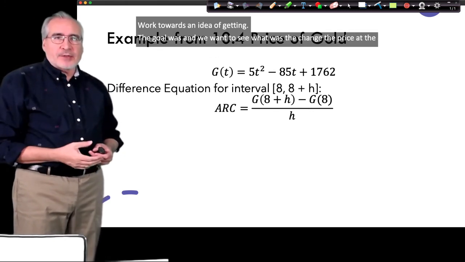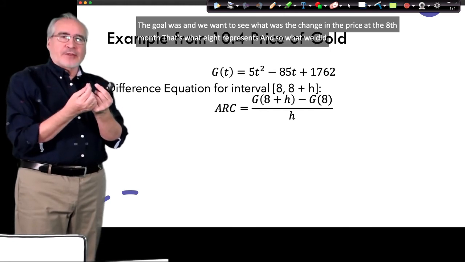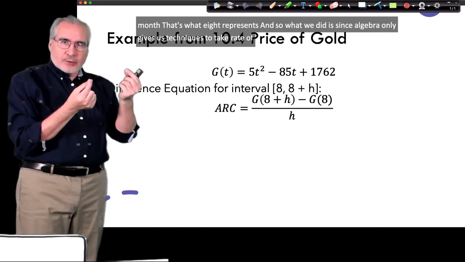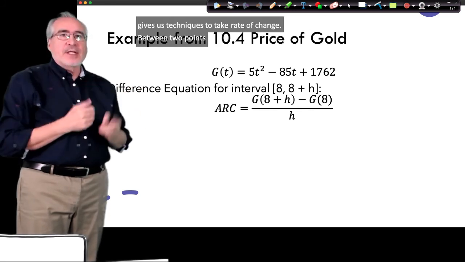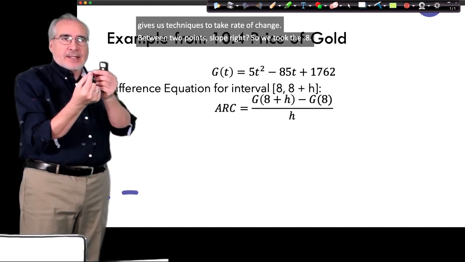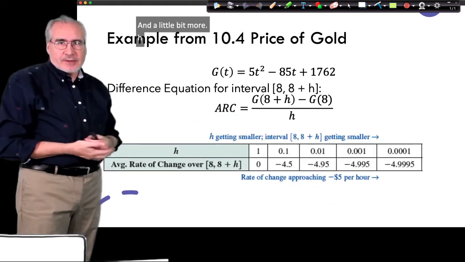That's what 8 represents. And so what we did is, since algebra only gives us techniques to take the rate of change between 2 points, slope, right? So we took the point 8 and a little bit more. H was 1, as we see from this table.